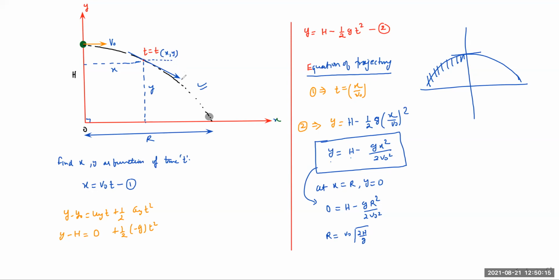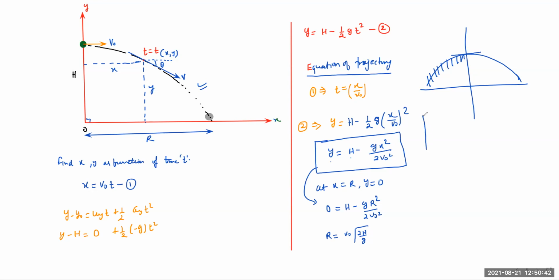In fact, the tangent will give you the instantaneous velocity direction. So this v is the velocity at any instant time t. And if we say this angle as theta, then you can find tan theta also. In fact, minus tan theta because it's below the x-axis.